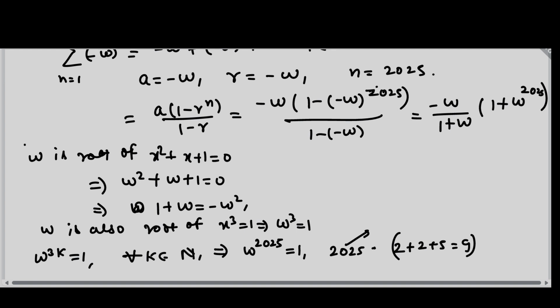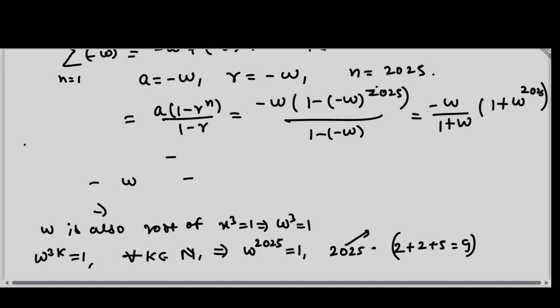So by the above discussion we can write this quantity as minus omega times (1 plus 1) over minus omega square, which is 2 omega over omega square.